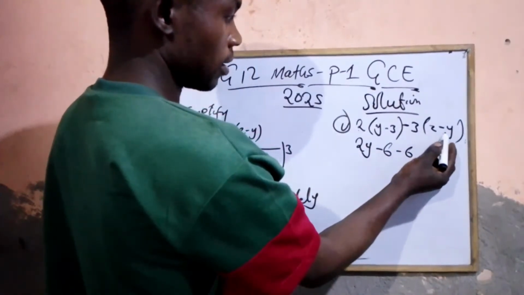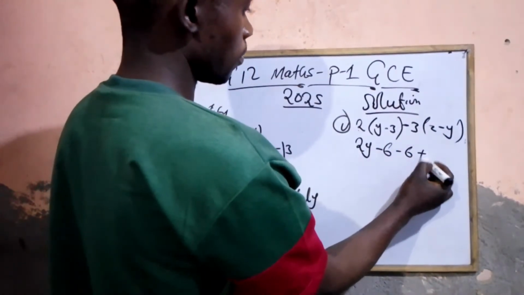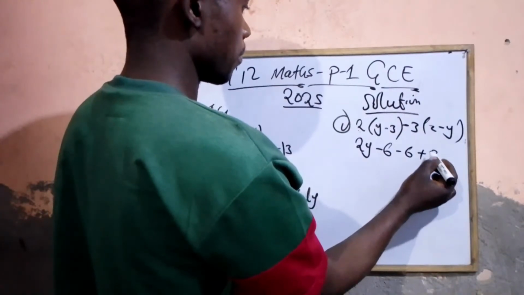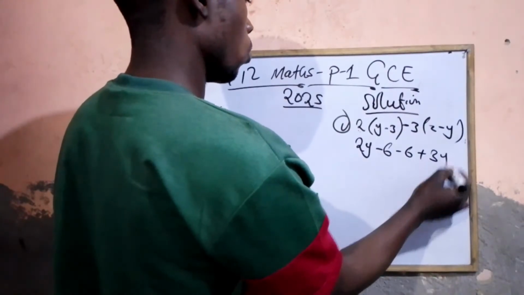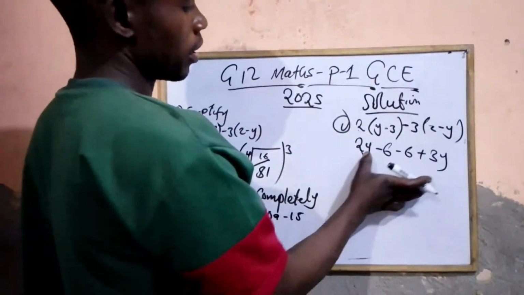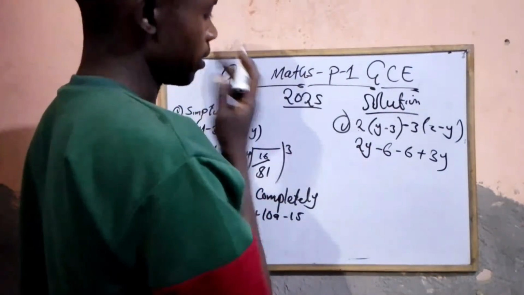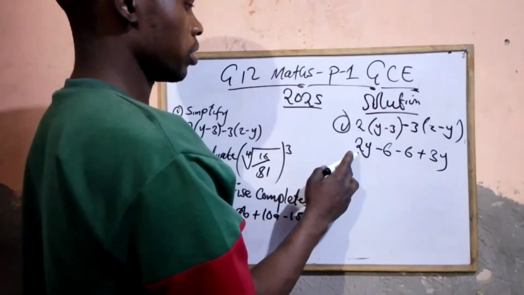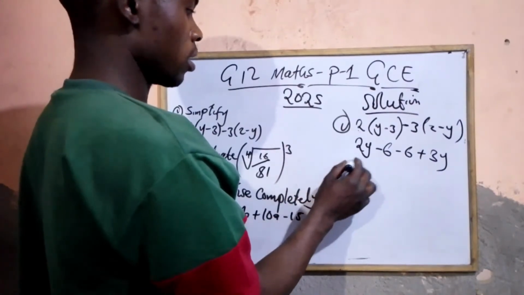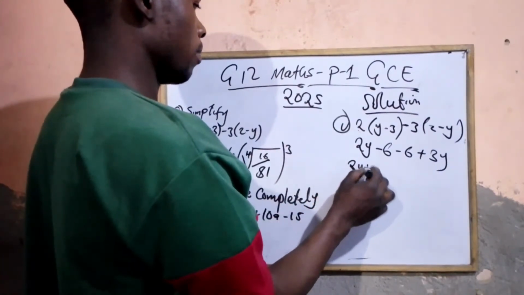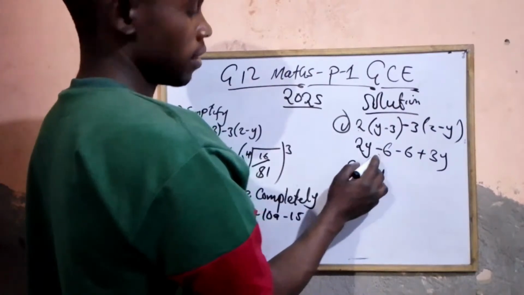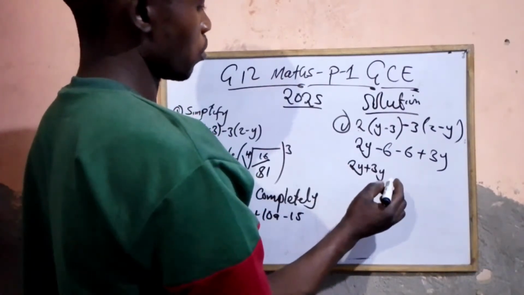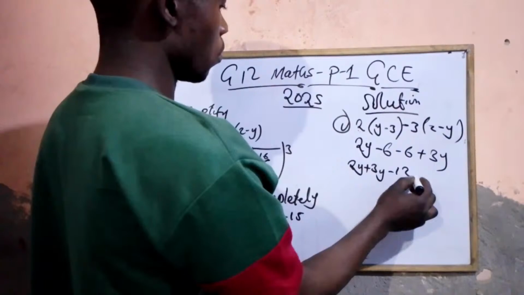Negative 3 times negative y, you're going to have positive 3y. Now this is where you collect the like terms, 2y plus 3y, then minus 6 minus 6, you're going to have minus 12.